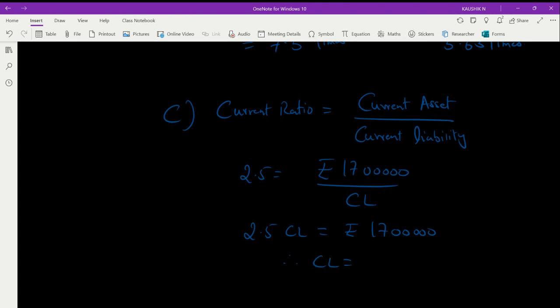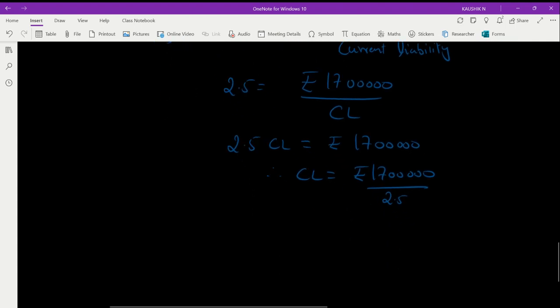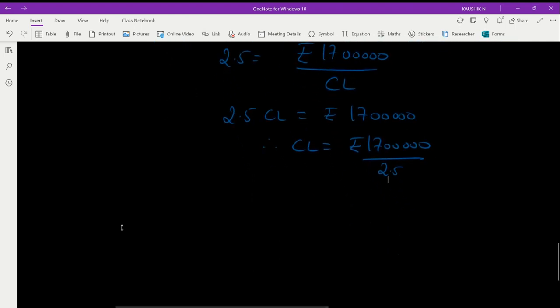Therefore, CL is equal to rupees 17 lakhs divided by 2.5. If you divide 17 lakhs by 2.5, it gives you rupees 6 lakhs 80,000.